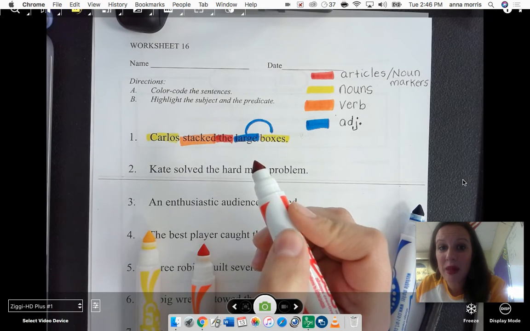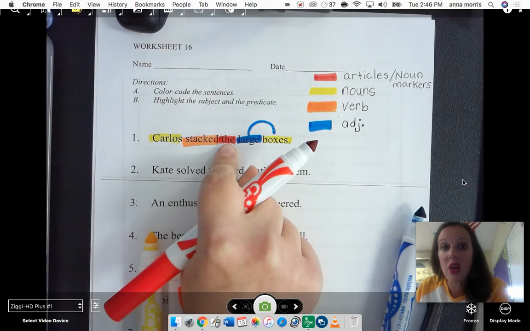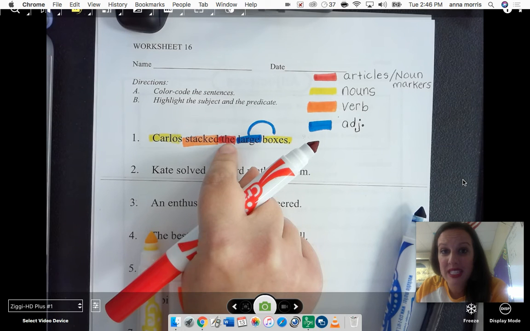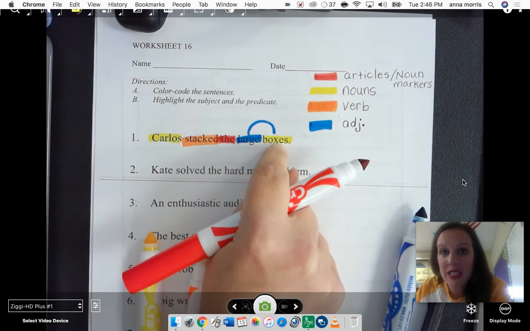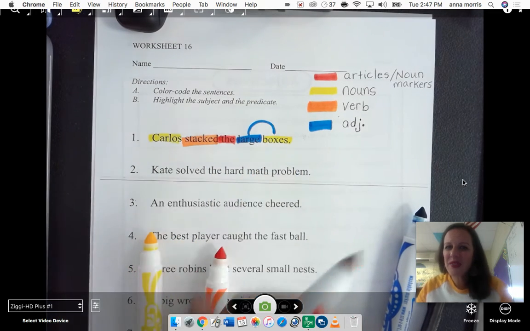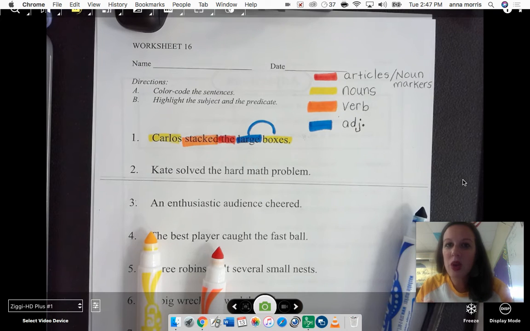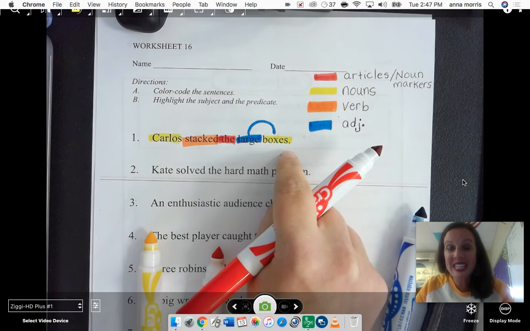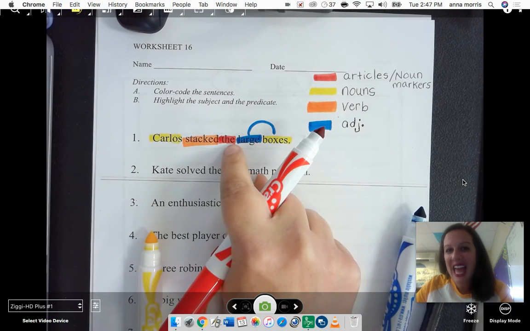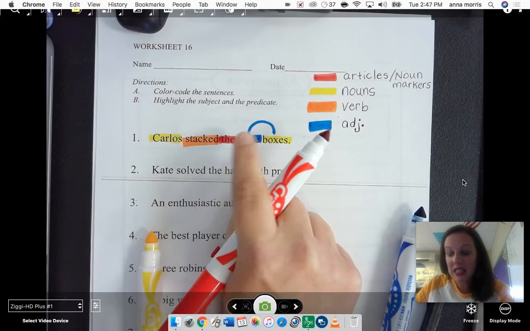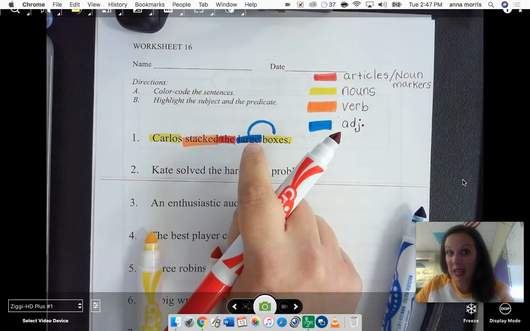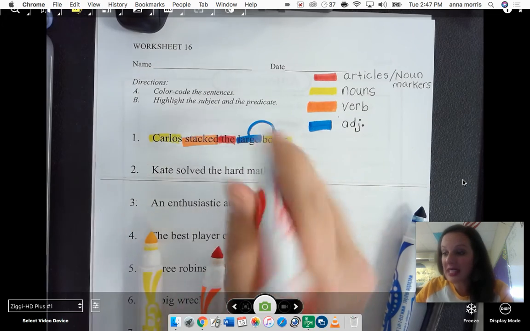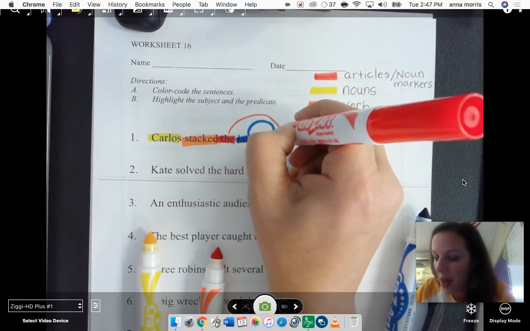And this is their job. This word lets me know that a noun is coming. The word the lets me know that boxes is coming. It's kind of like that flashing light at a railroad track that lets us know that a train is coming. We know that an important noun is coming because words like a, an, and the are noun markers. Okay? Sometimes I connect my noun markers to the noun that's coming, the boxes.